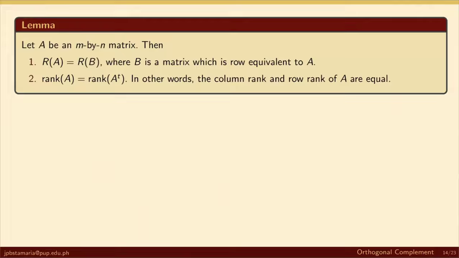Why is that? Well, there are only three types of row operations, right? Either you interchange two rows. This means row i gets interchanged with row j. And when you do this, does the span of the rows change when you rearrange the vectors in a set?